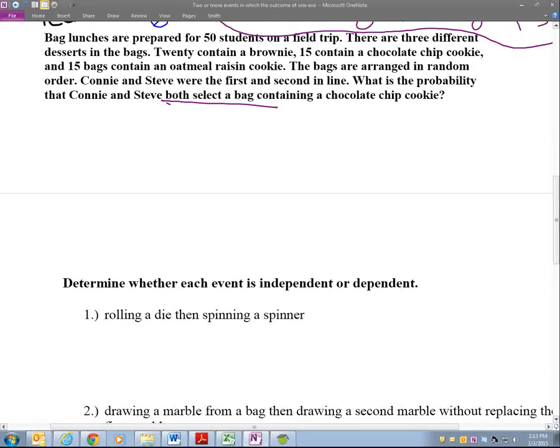So Connie's first in line. Let's find the easy one first. So let's find the probability that Connie gets chocolate chip.